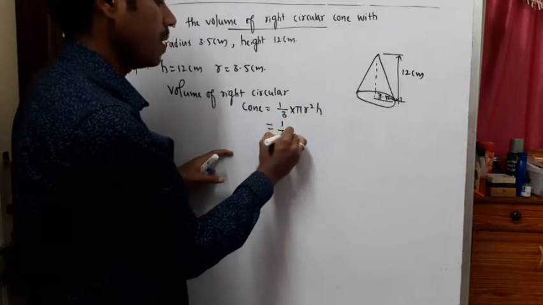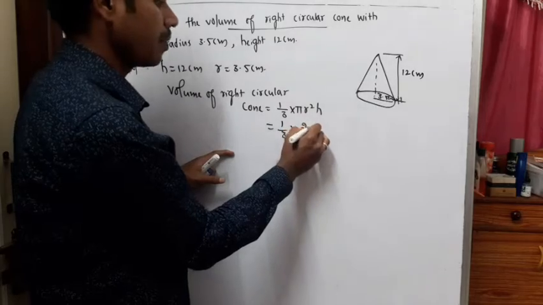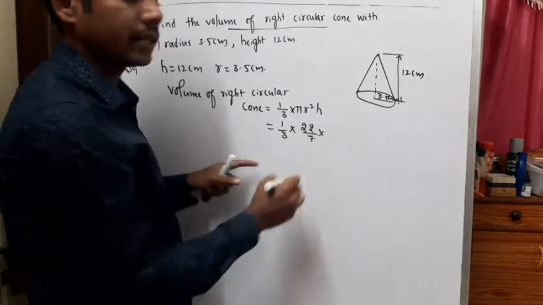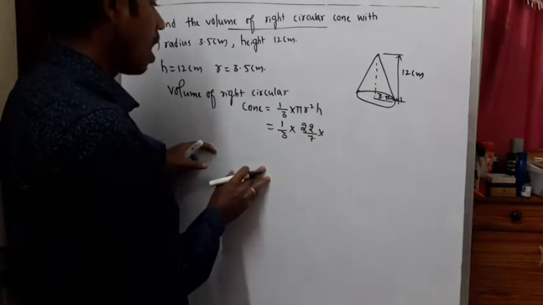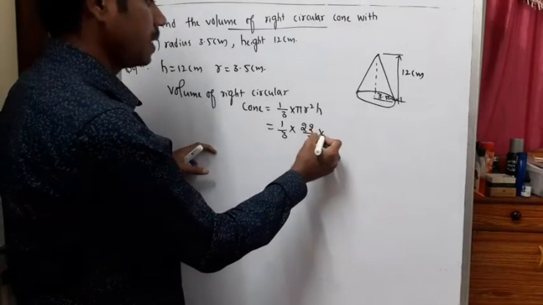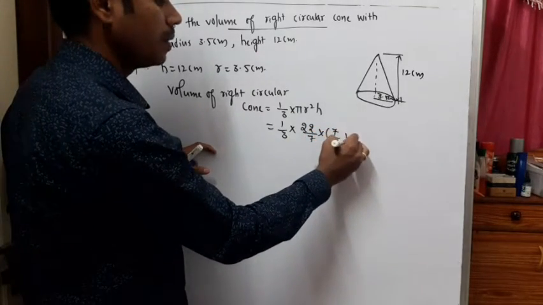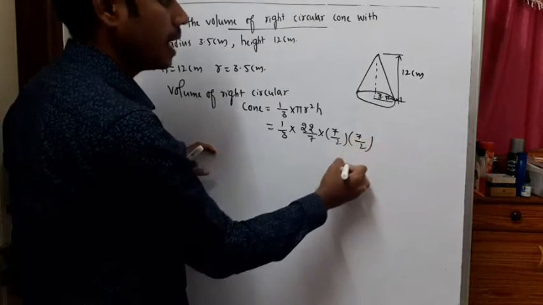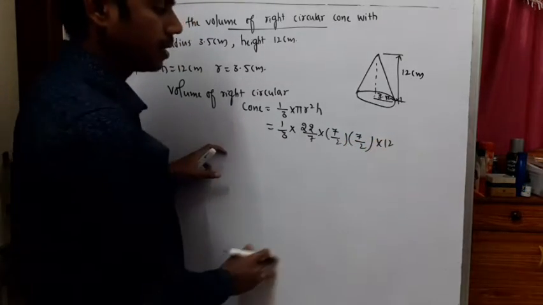So that is 1 by 3, pi is nothing but 22 by 7 because they have not given anything for pi, into what is r. If it is 3.5, I can write it as 7 by 2 into 7 by 2. What is height? Height is 12 centimeter.